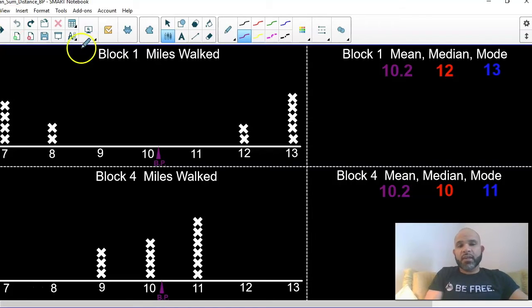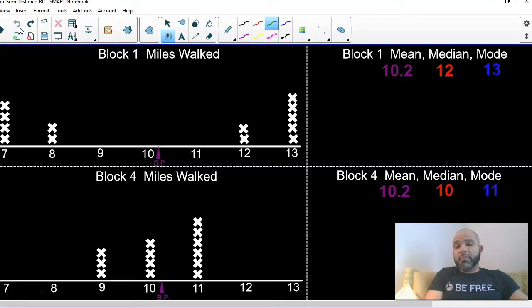And so in this case, somebody could have said, well, block 1, look, they had 6 people that ran between 7 or 8 miles, where block 4, they didn't have anybody walk 7 or 8 miles, right? They were all at least 9 miles. So that could have been an argument towards supporting block 4. If maybe you were in block 4 and you're like, no, we deserve the prize because, right? And that would have been valid as well.